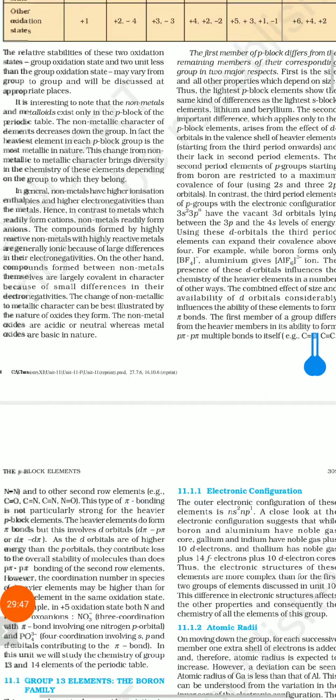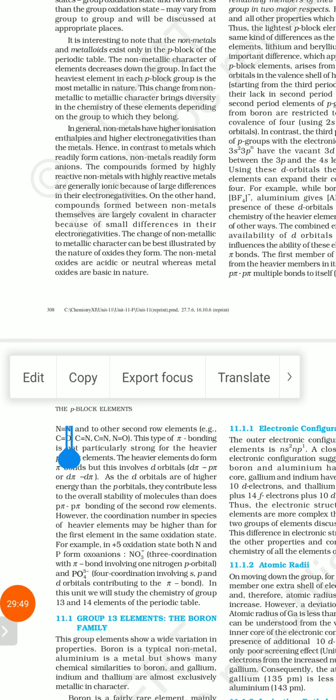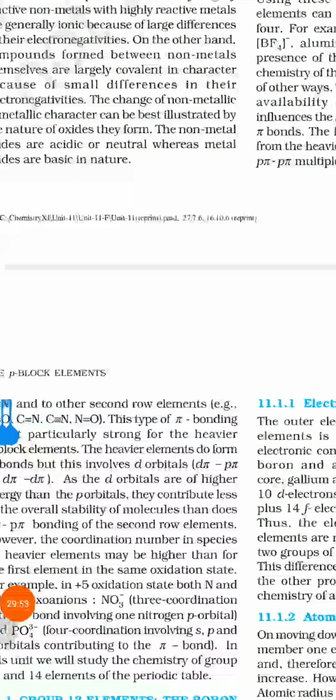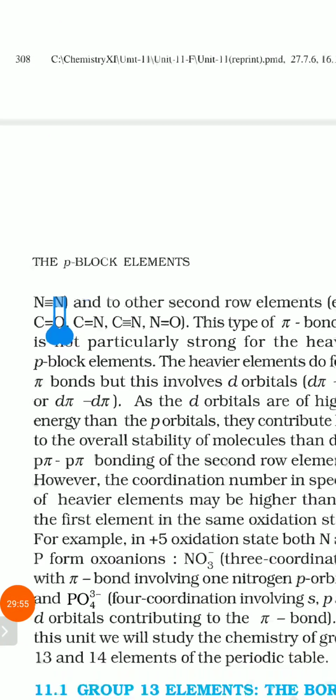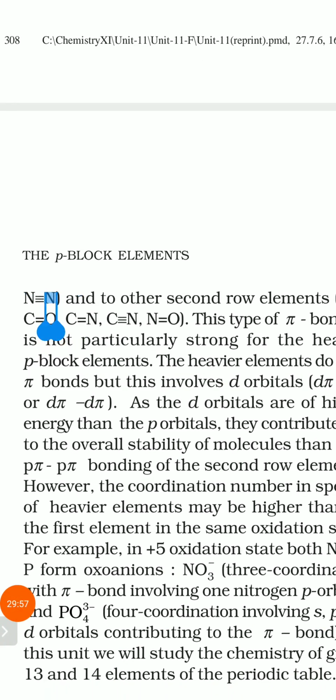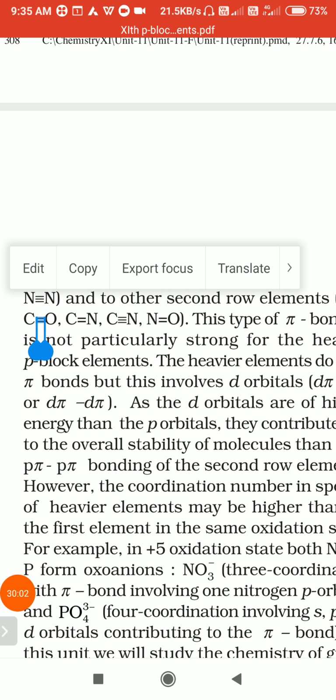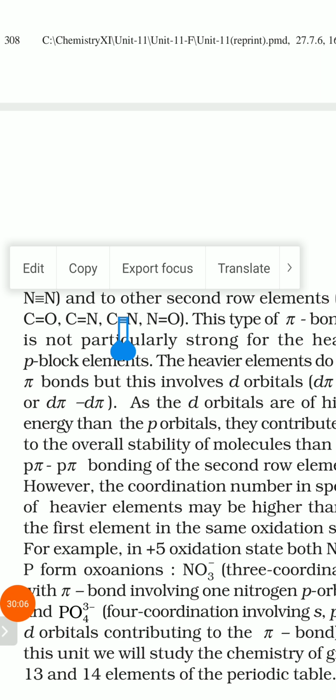The nitrogen family also exhibits it. Next, the second row elements in the periodic table: carbon and oxygen form a double bond, carbon and nitrogen form double and triple bonds, and nitrogen also forms a double bond.